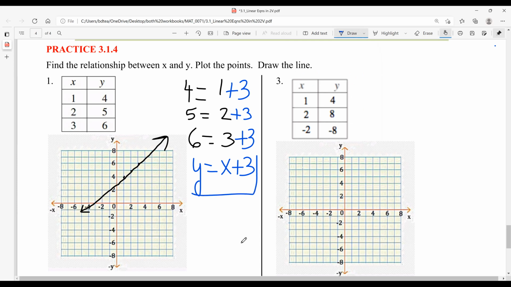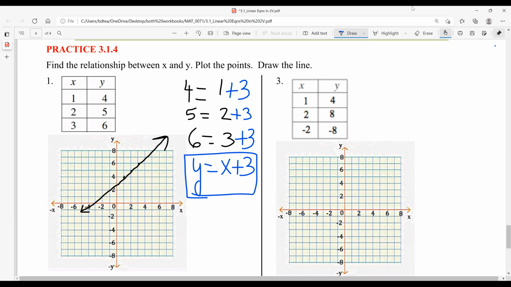Again, as a student, you will not be tested on relations between your x and y, but I wanted to go through the process so you can, as we start working with graphing lines. I'm only going to do 1 and 3. I'll leave 2 and 4 for you to exercise, and the answers are in the back of the book.